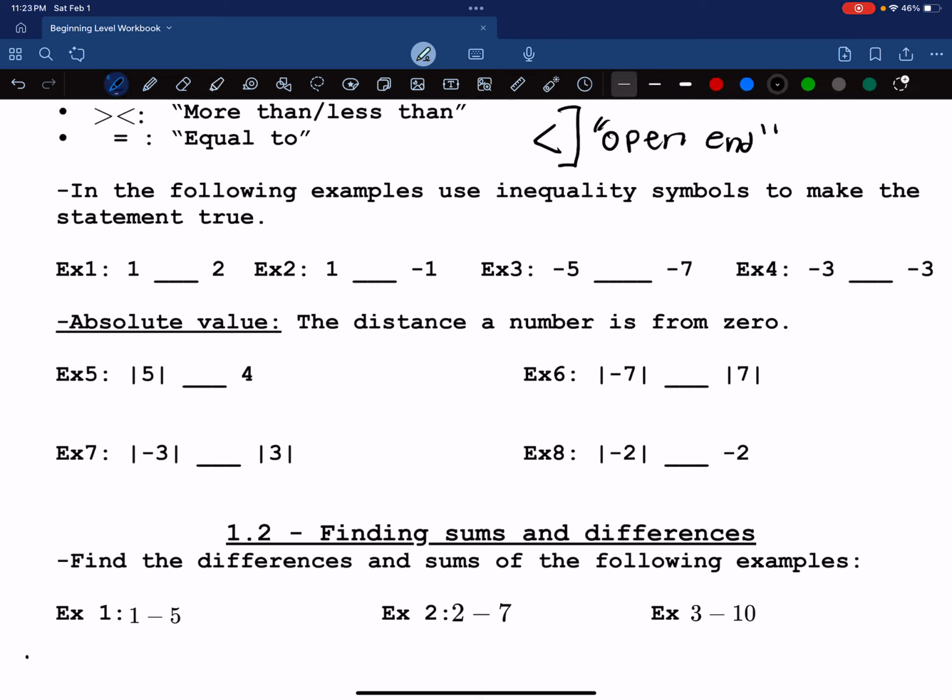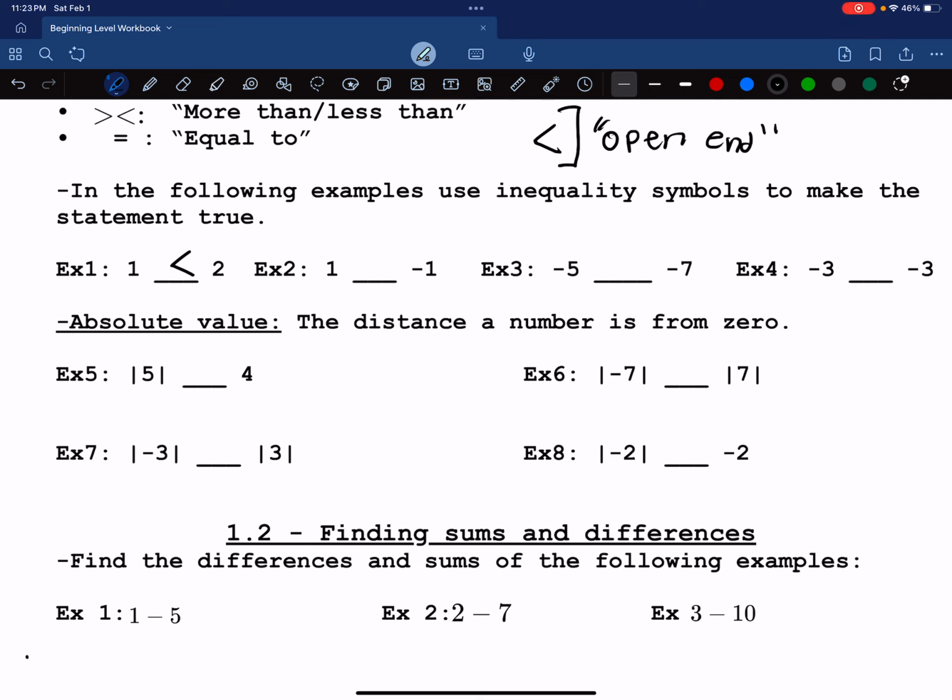So assuming you have given it a try, we are comparing the value 1 and 2. And in this case, 2 is our greater value. So we're going to draw out the inequality symbol with the open end facing towards 2.